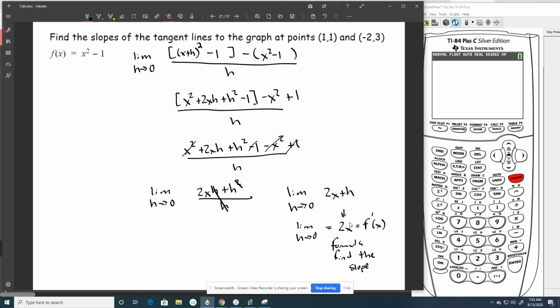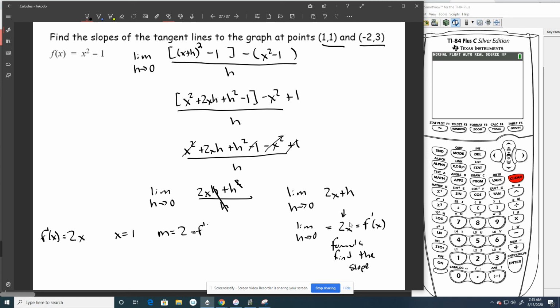So let's go ahead and do that. Let's plug in our 2 points. So if my f prime of x is equal to 2x, let's plug in 1. So when x is equal to 1, then my slope is going to equal 2.